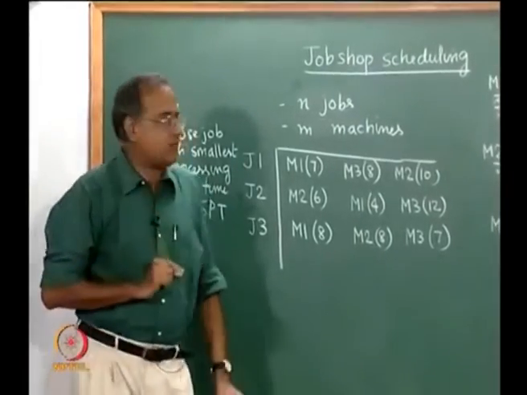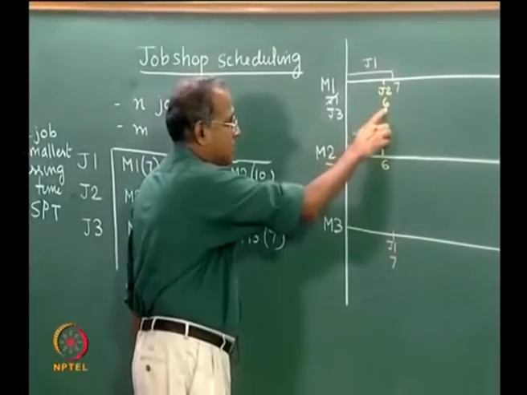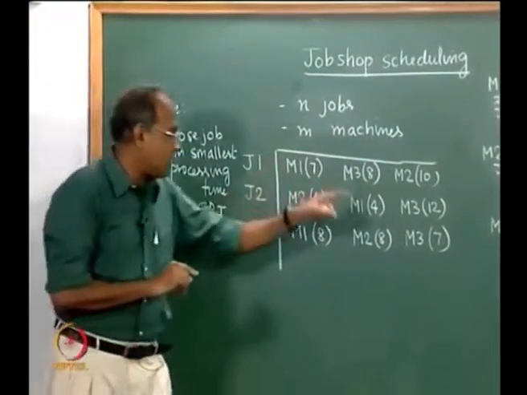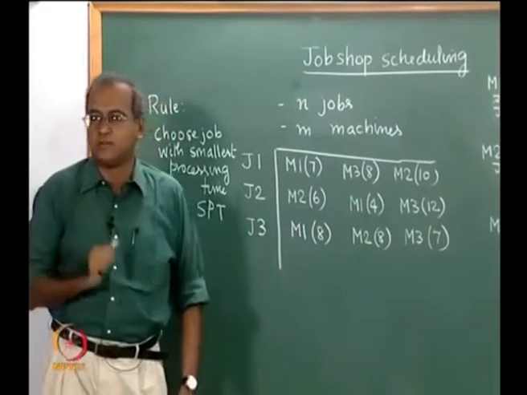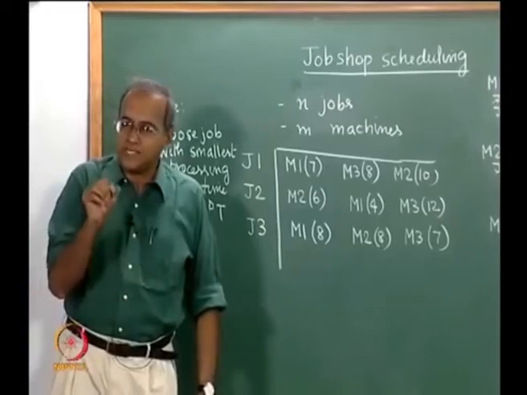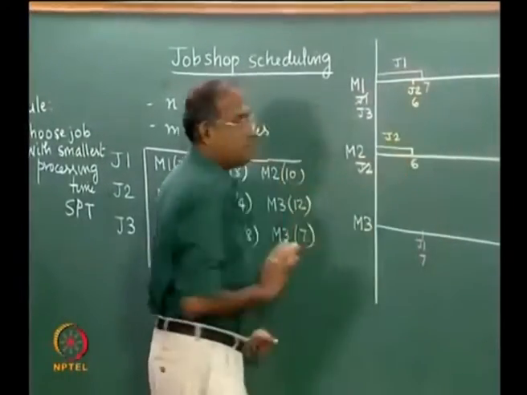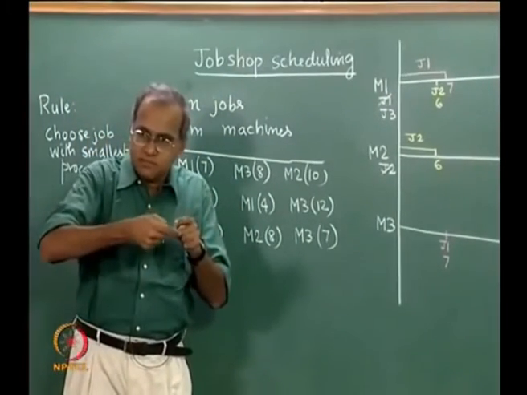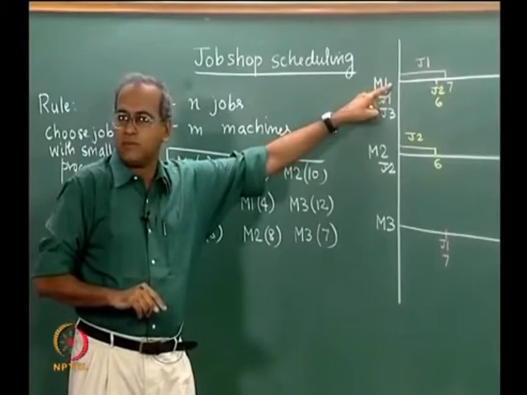At the same time, we also have an additional information that J2 is going to come at 6 here. But then one look at the table, we realize that J2 actually requires only 4 units of time. So, the question is, will we leave out J2 in the choice and choose between J1 and J3, because they are waiting at time equal to 0.